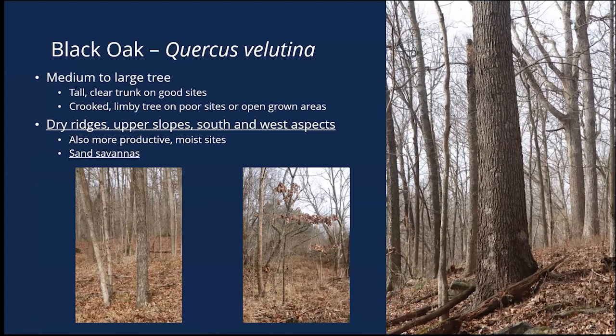They have a bit of a wide habitat suitability, but you find them most often on dry ridges, upper slopes, south and west facing aspects. So those are poorer, drier conditions than you would find northern red oak. It can also occur on some of the savannas, particularly in northern Illinois. So that's where you would have these shorter, more wide spreading trees like that.